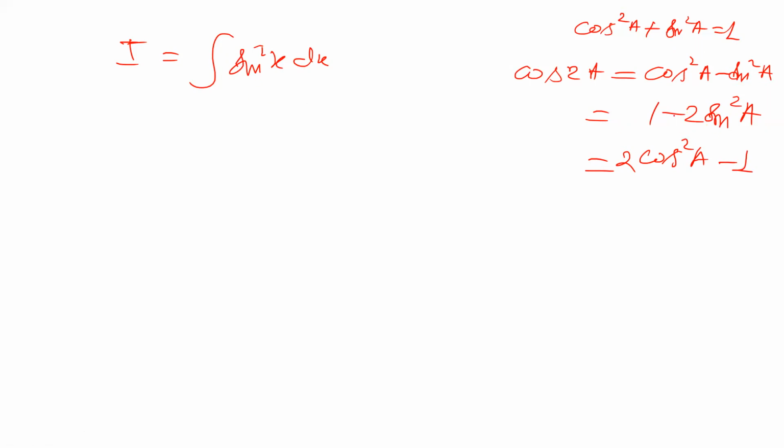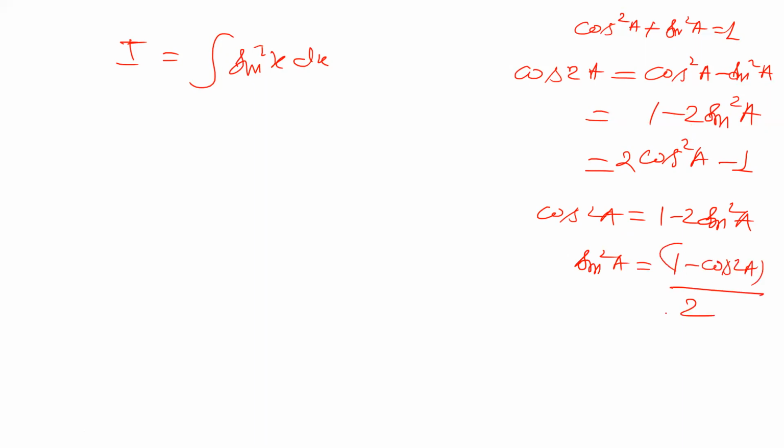Here we know cos 2a is equal to 1 minus 2 sin square a. So sin square a is equal to 1 minus cos 2a by 2.